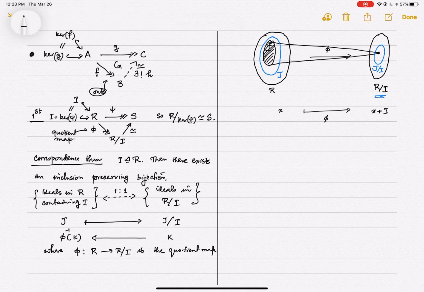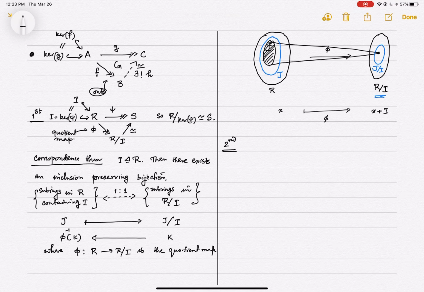And by the way, instead of ideals, I could have said here subrings. Same statement. Okay. Then we have the second isomorphism theorem.